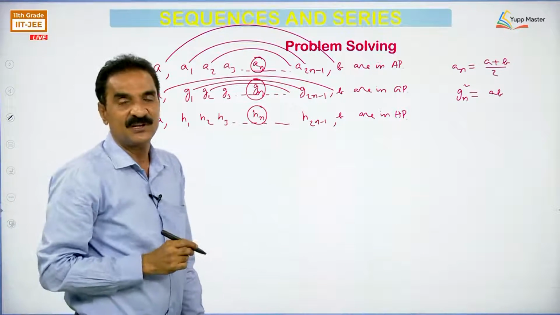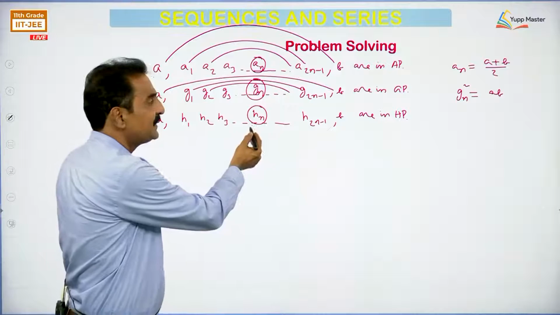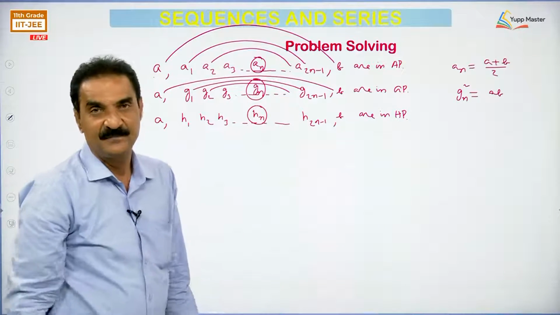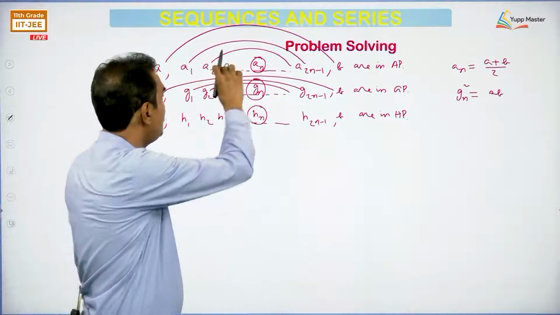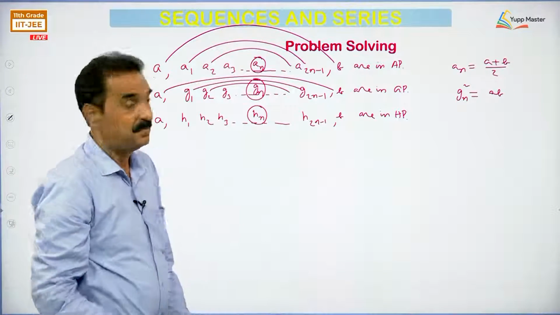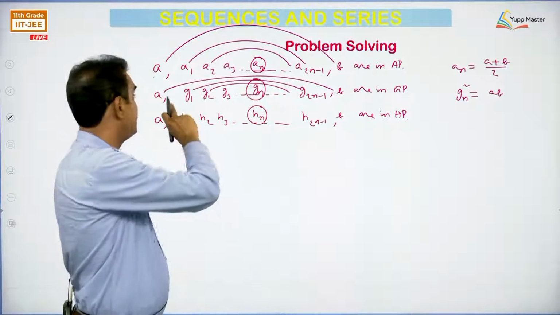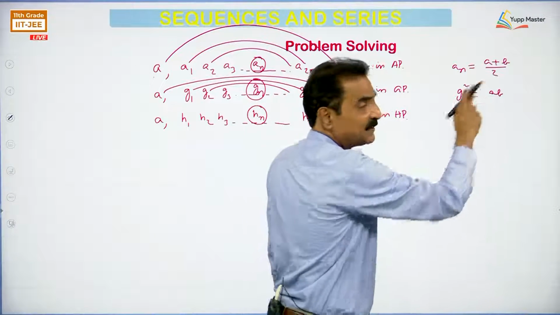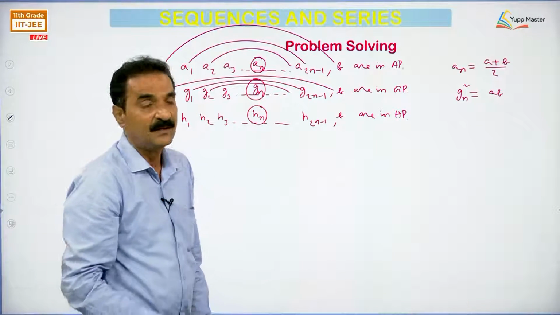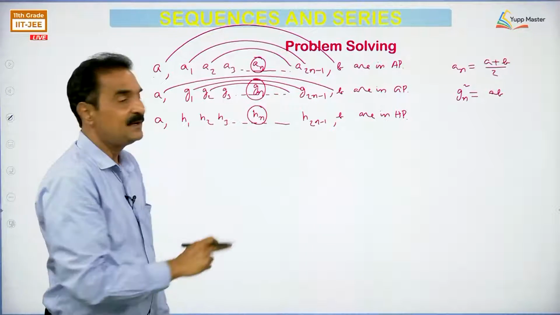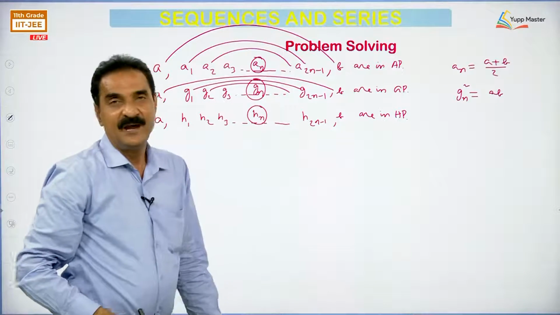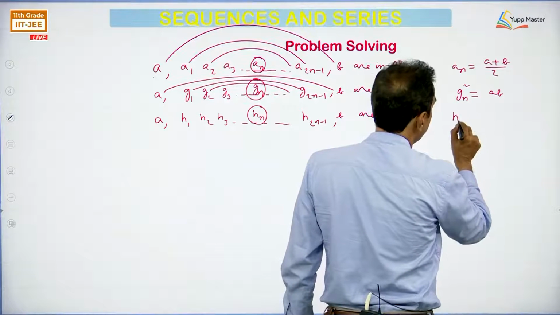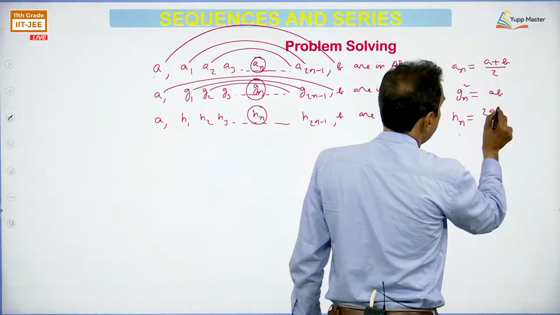Similarly, in harmonic progression, you observe that An is the single arithmetic mean between A and B. The middle number Gn is the geometric mean of A and B. Gn will be equal to plus or minus root AB. Similarly, this Hn will be the single harmonic mean of A and B, that is Hn is equal to 2AB by A plus B.